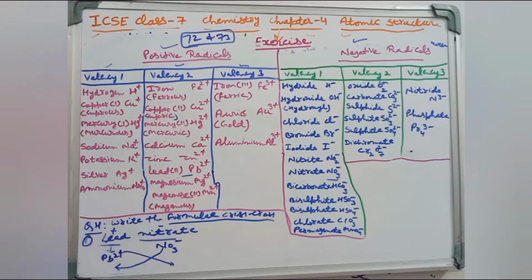This means we have to write this element without its valency, that is without positive or negative signs. So if we leave the positive sign of Pb, it will be written as this, and if we leave the negative sign of NO3, like this, right?